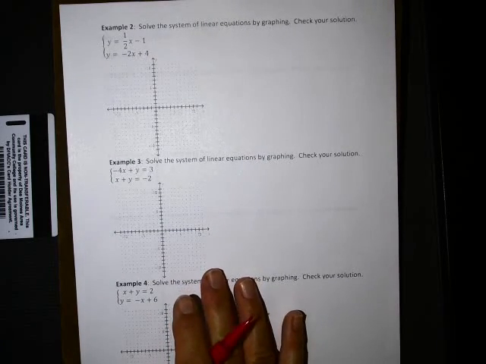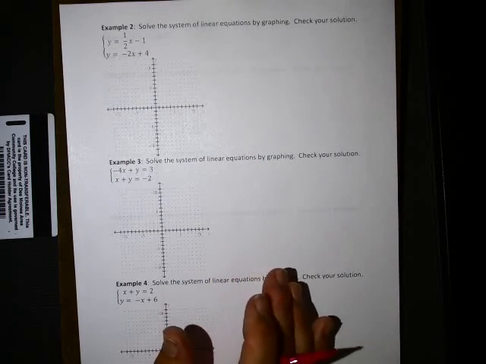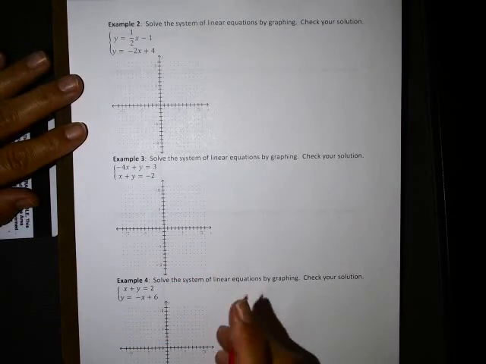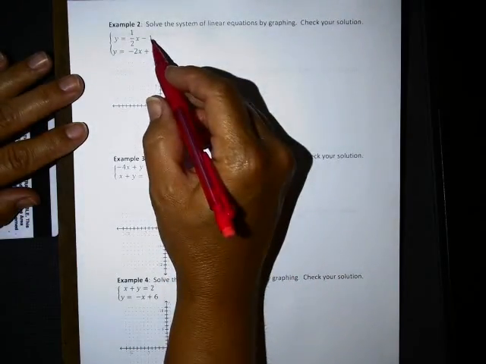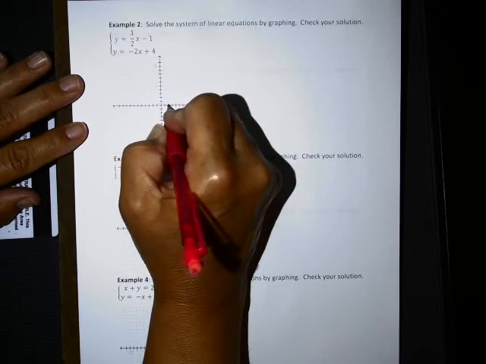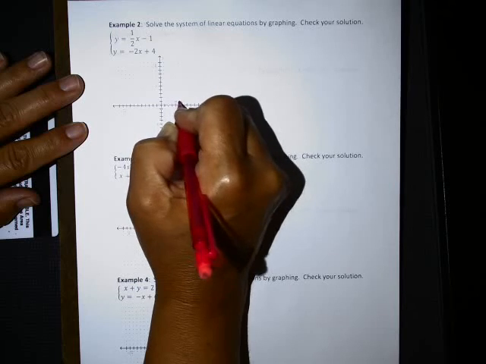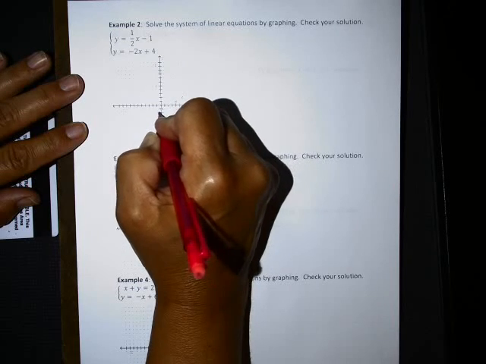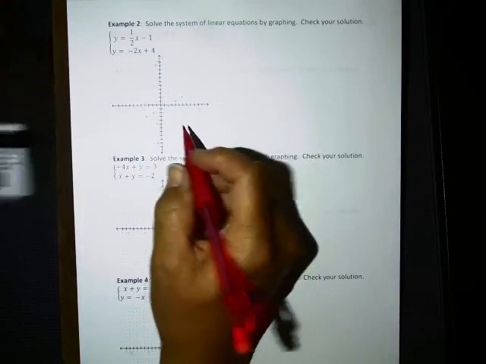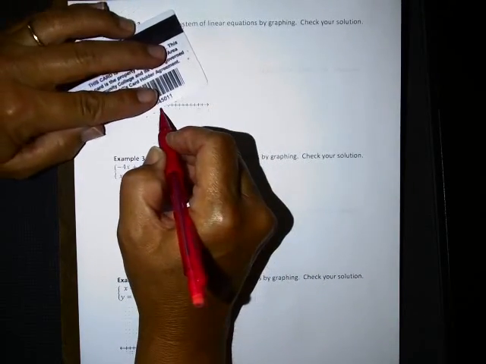Example number 2 is also asking us to solve a system of equations and check our solution. Both of these equations are written in slope-intercept form, so let's graph them. The first equation starts at -1 and goes up 1 over 2. So I'm going to continue that pattern a few points. I can even go down 1 over 2 to the left to continue it that way, and then I'll use my straight edge to draw my line.